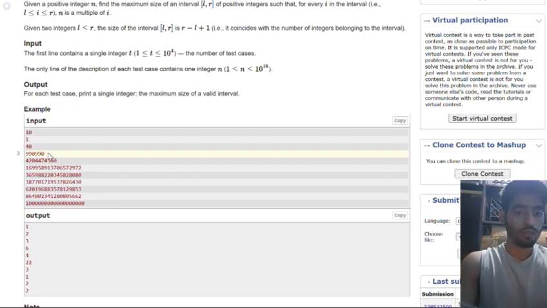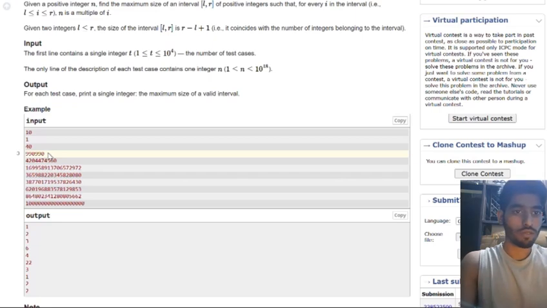So after getting this thought, what I tried to do is calculate the divisors continuously.